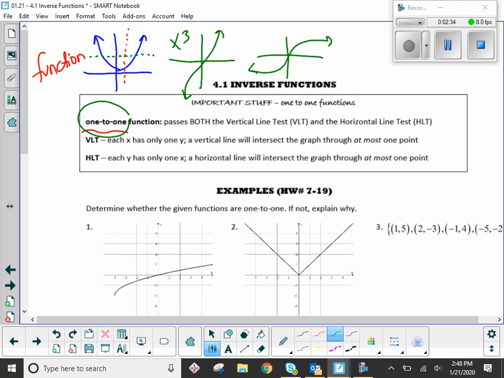And I want you to notice both of those pass the vertical line test, right? And the horizontal line test. They both pass it, therefore their inverses exist, and you could find them if you wanted to.